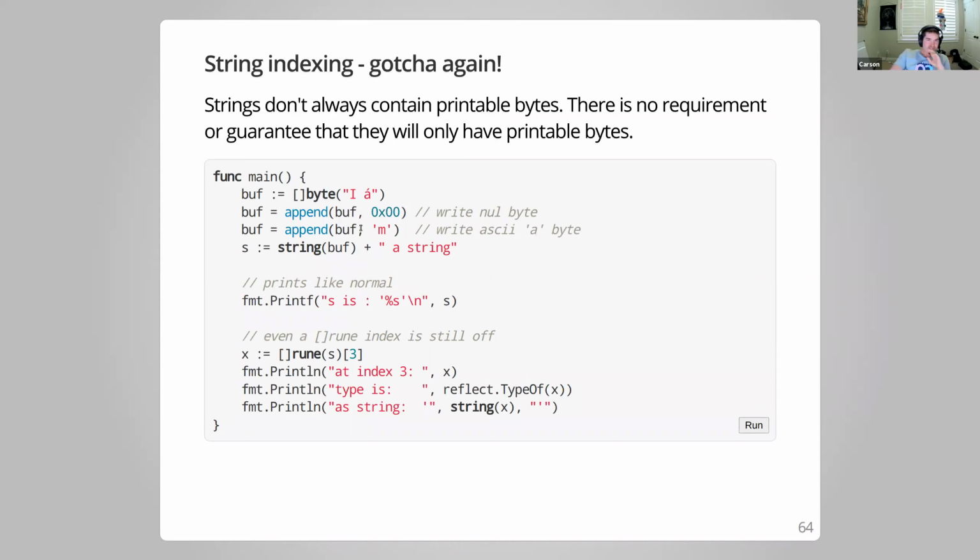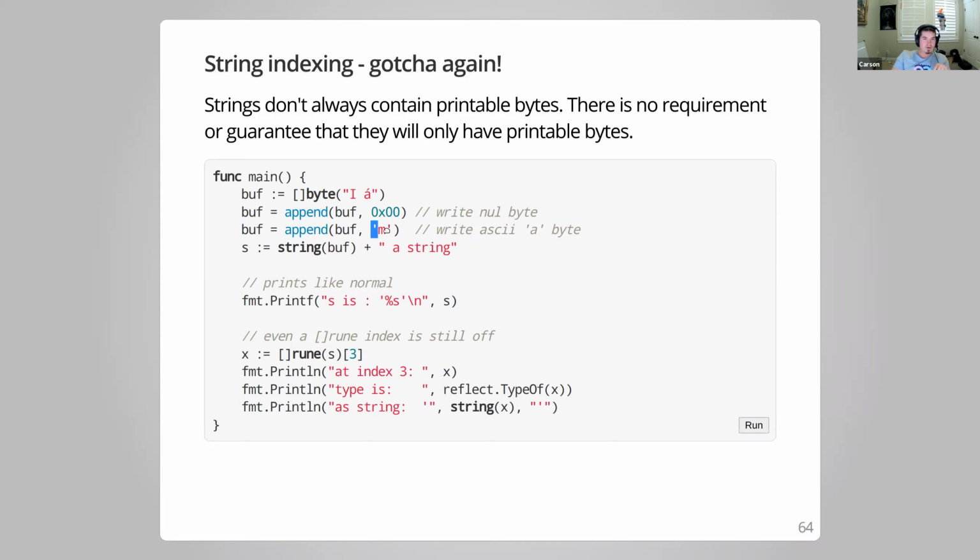So strings are byte slices, and not all bytes show up even in a print. So I'm going to build a byte slice with the start of my original sentence. Then I'm going to append onto that slice, using the hex notation here, a null byte, meaning nothing, which has no visual representation by default.